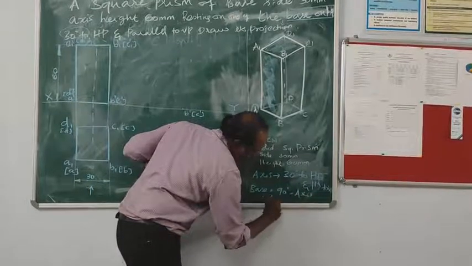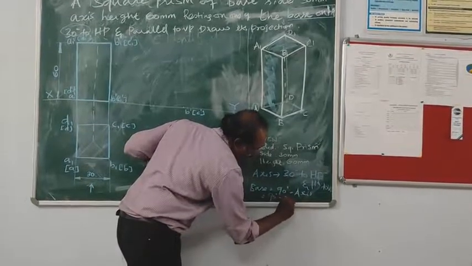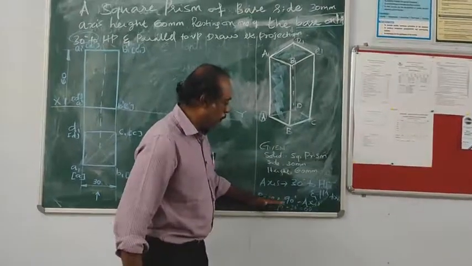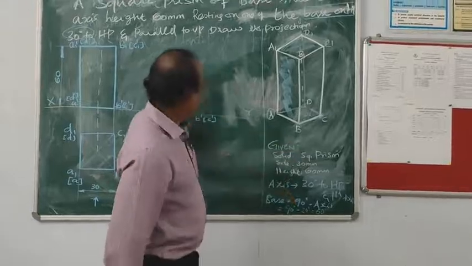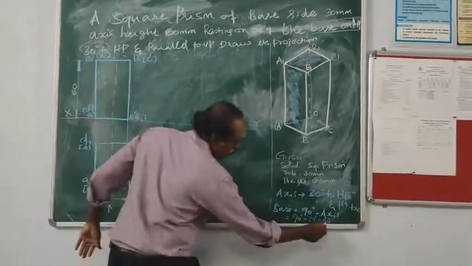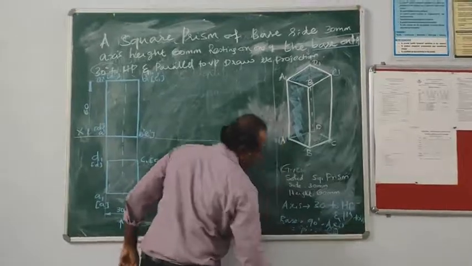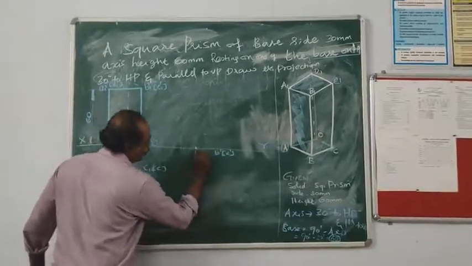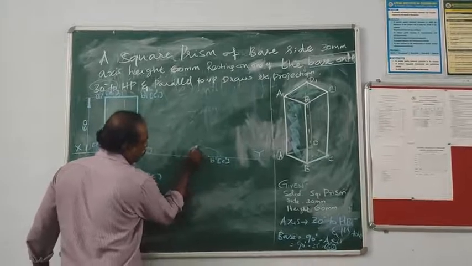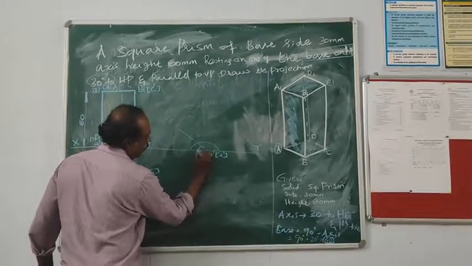That is 90 degrees minus 30, 60 degrees. First we have to draw the base information, then the other information. So we draw the base first at 60 degrees. Fix the protractor here and mark the 60 degrees. This is 60 degrees.